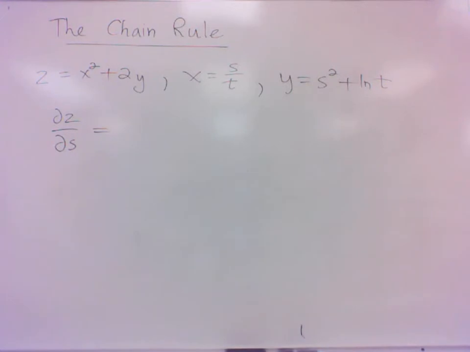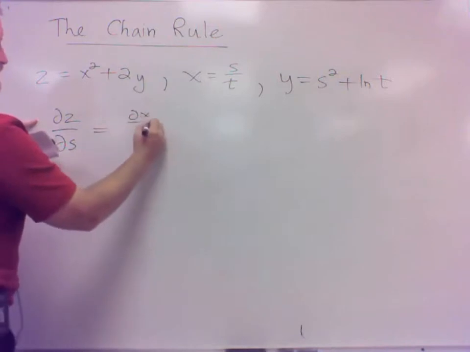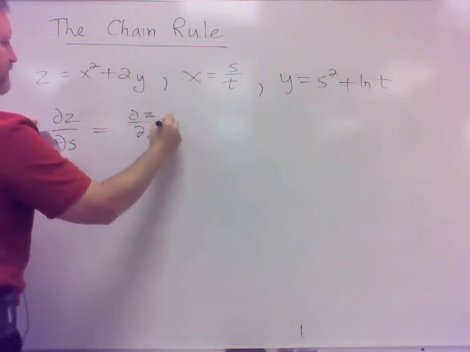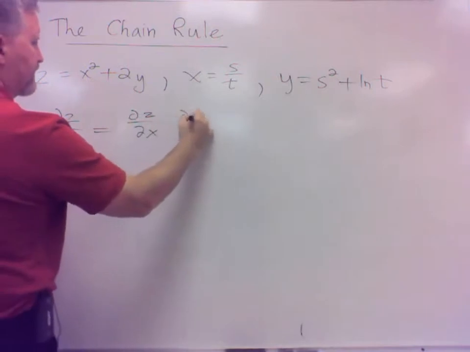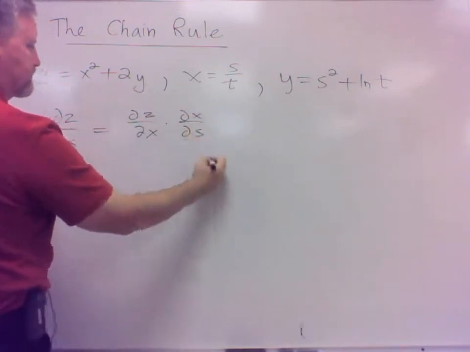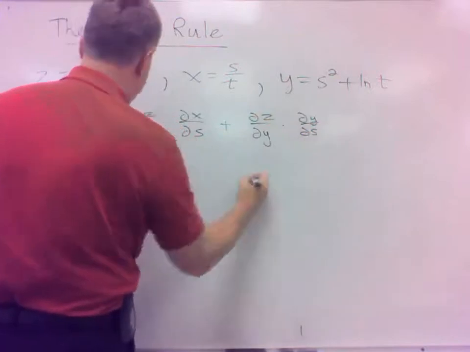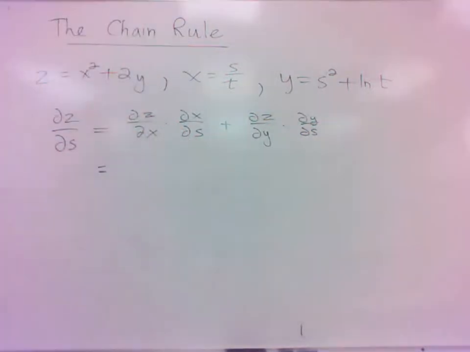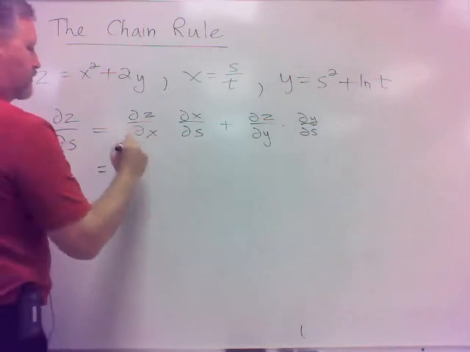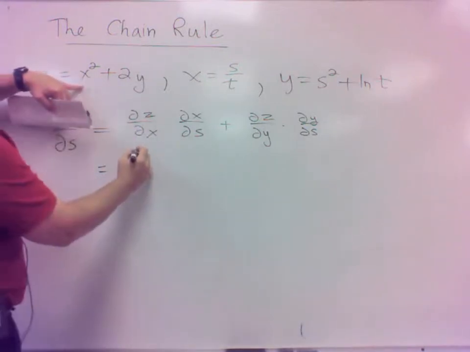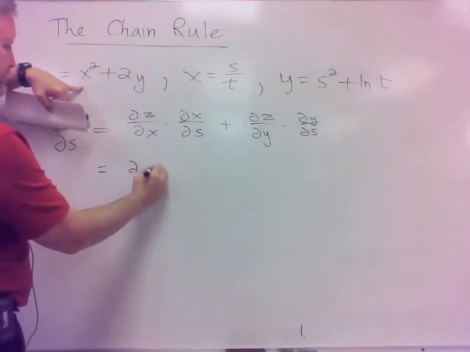Okay, so for the partial of z with respect to s, I would take the partial of z with respect to x and multiply that by the partial of x with respect to s. The partial of z with respect to x is just 2x.